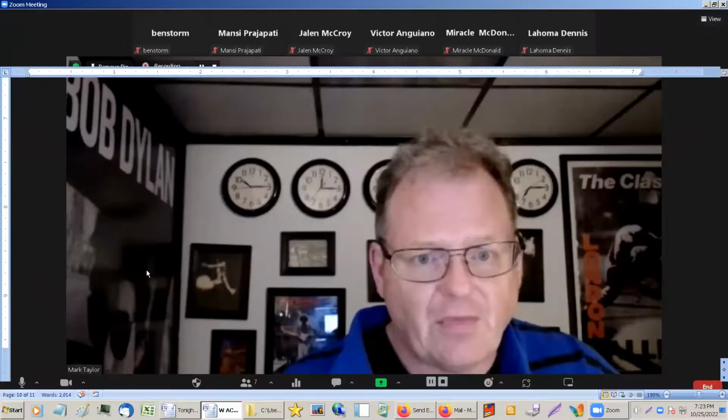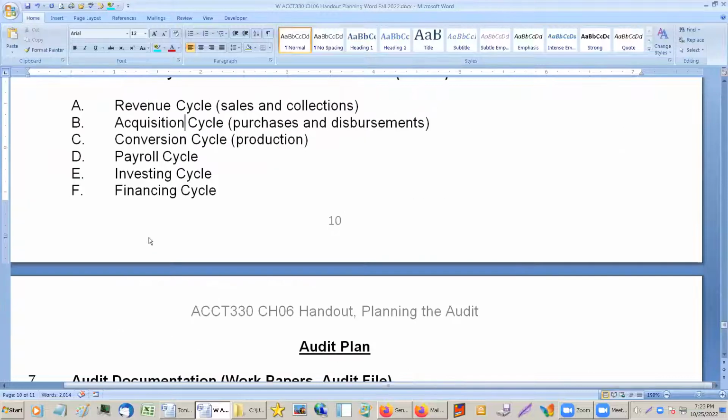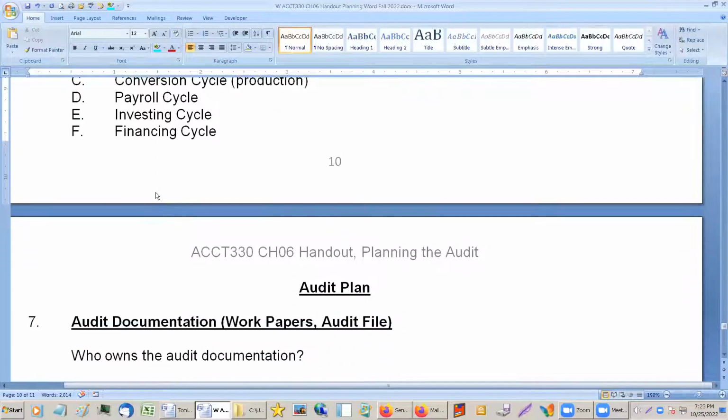So the same testing that you do if you're just auditing the cash account, seeing how the payments are made out of it, is the same test you would do if part of your cycle was the accounts payable stuff. But they talk about the cycles themselves.